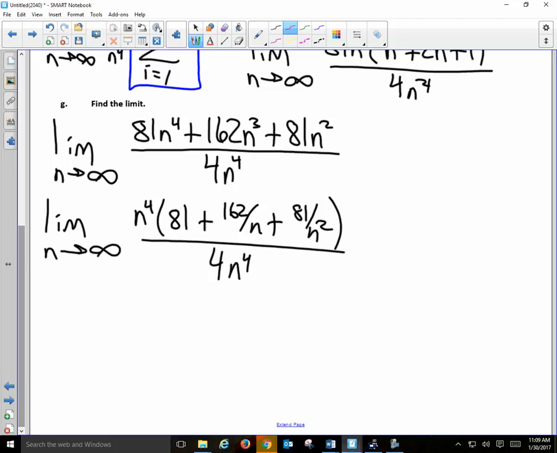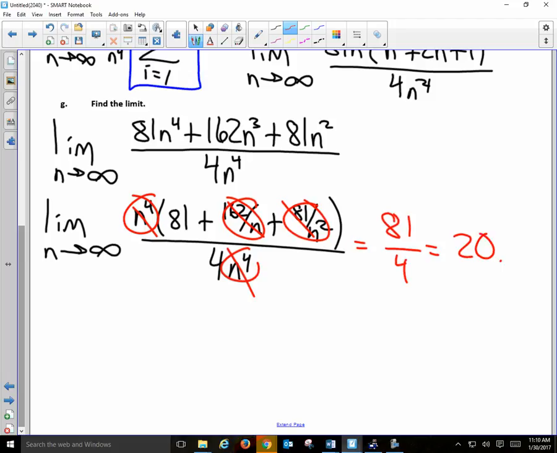What happens? The n to the fourth is gone. 162 over a really big number is going to be 0, and so those are both going to be 0. We end up with 81 over 4, which as a decimal is 20.25.